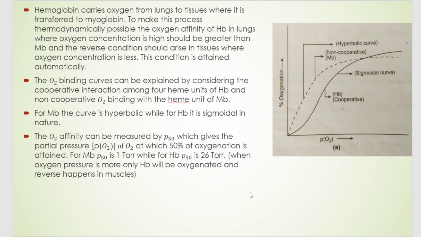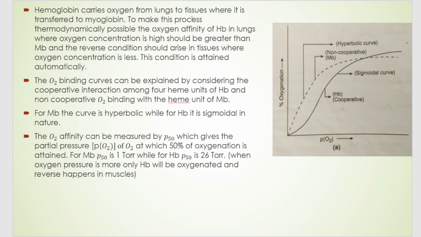You know that in the lungs, as I said, the oxygen pressure is high, meaning there is a large number of oxygen molecules in the lungs, because of which there is a cooperative effect shown in the lungs. Whereas is there a cooperative effect in the tissues? No, the number of oxygen molecules is less, so the cooperative effect is not seen in the tissues.